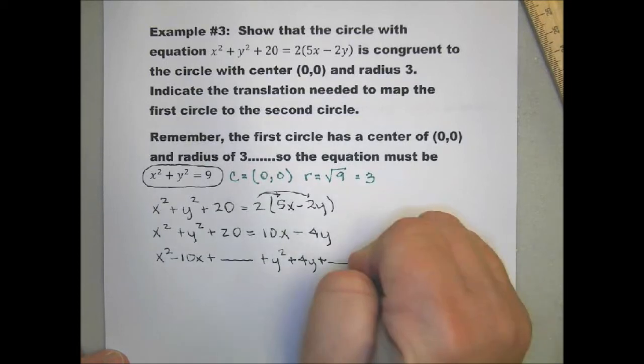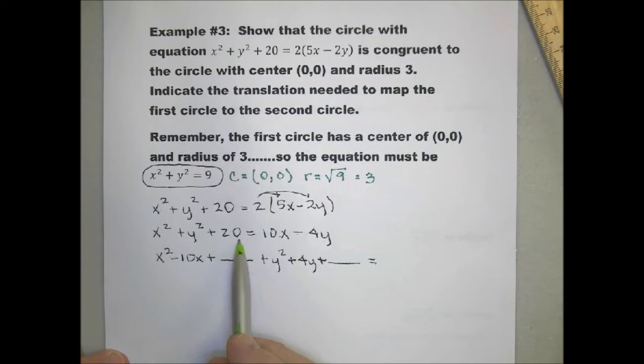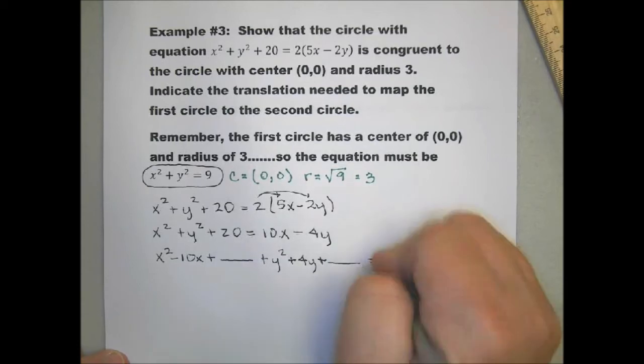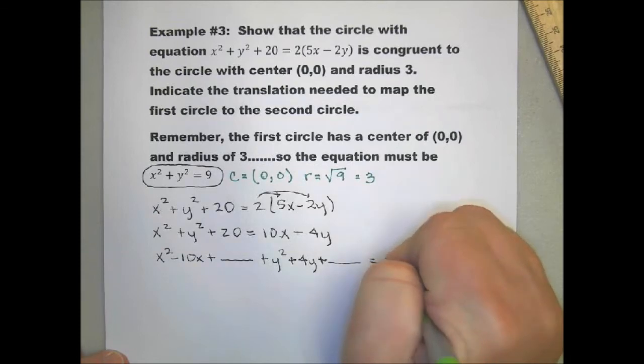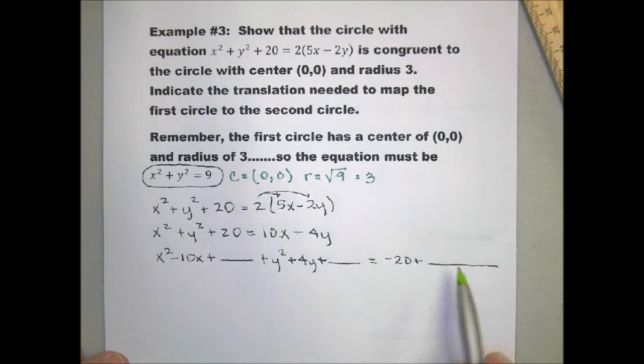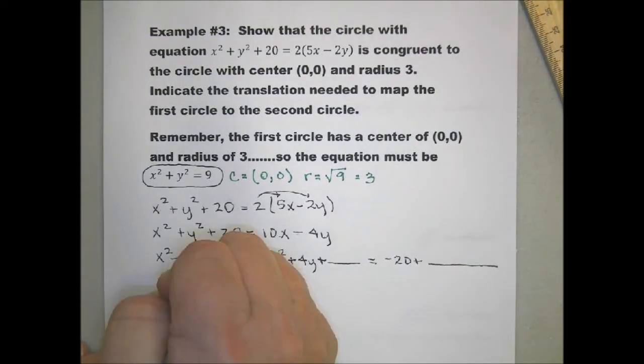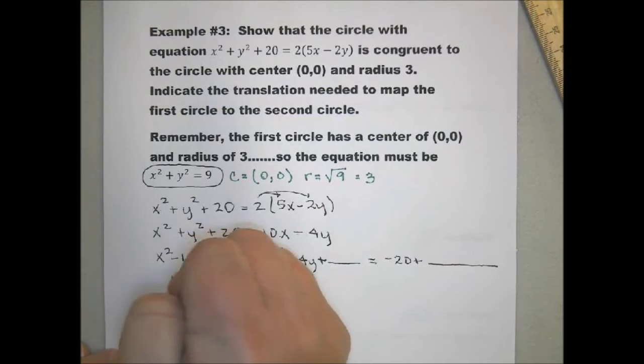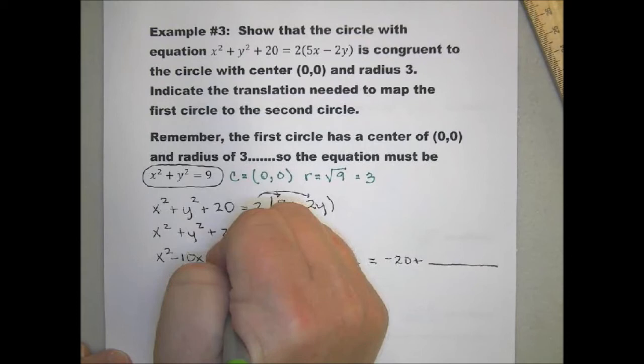Now, I'm also going to take the constant, which is positive 20, and move it over to this side of the equation, which would be negative 20. But when I complete the square, I'm going to be adding some stuff to it. So now I start the process of completing the square. Half of negative 10 is negative 5, and then square it, and you get 25.